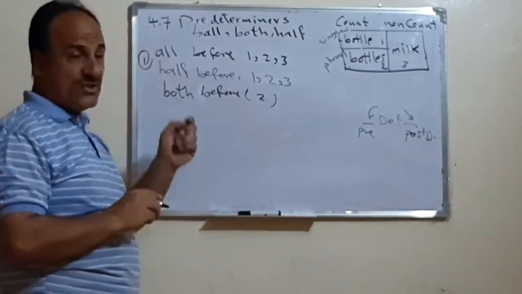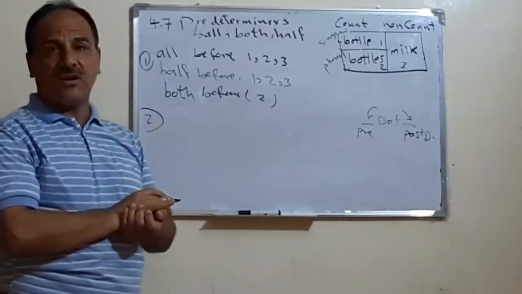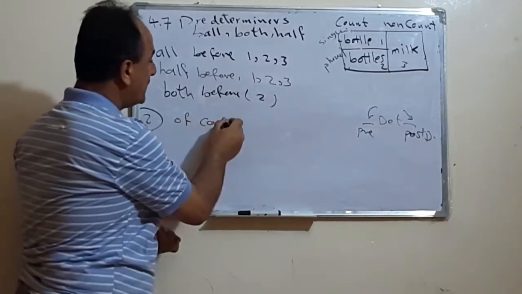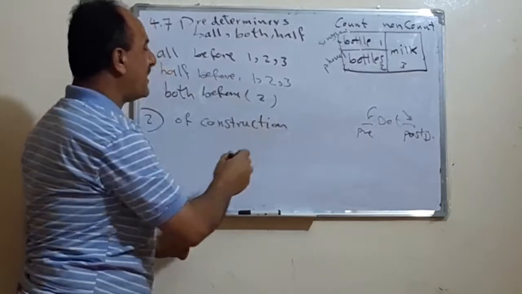This is the first feature of predeterminers. The second feature is what we call of construction. What is meant by of construction?